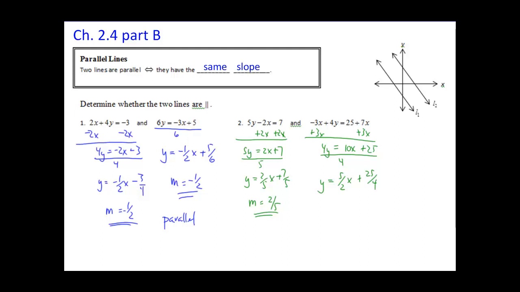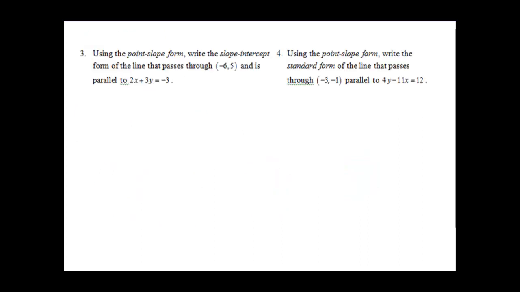If we look at the slope, this slope is 5/2. Our other slope is 2/5. They're not equal. They are not parallel.